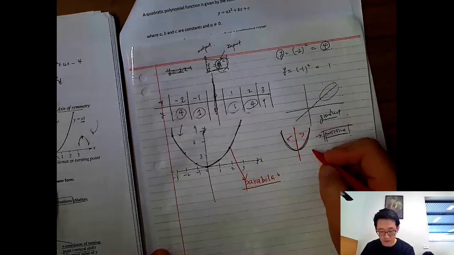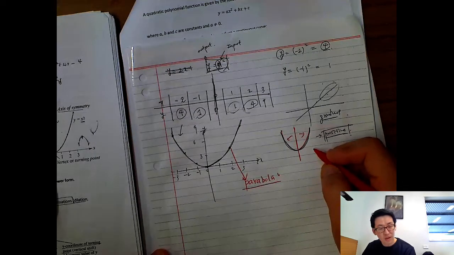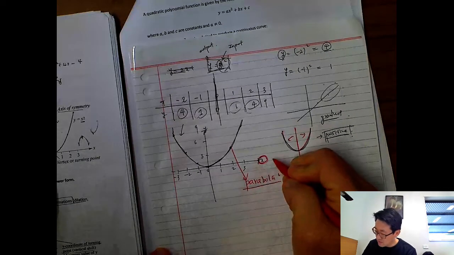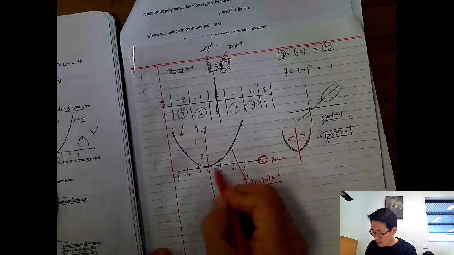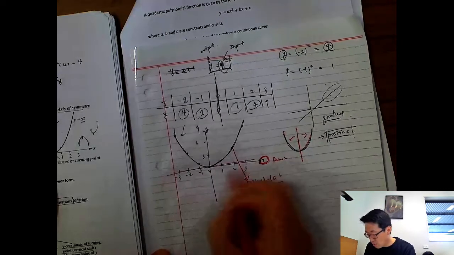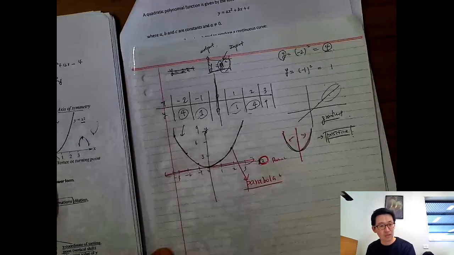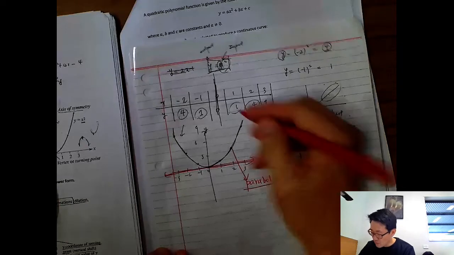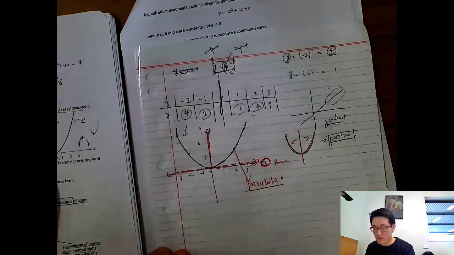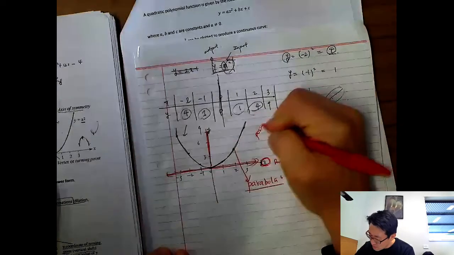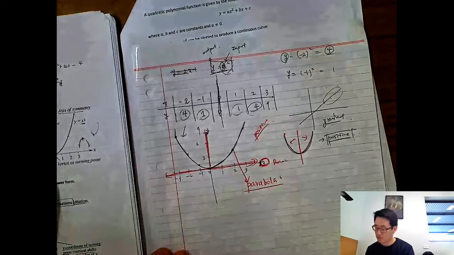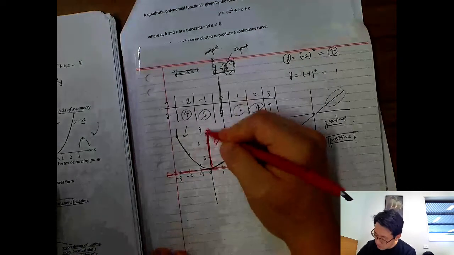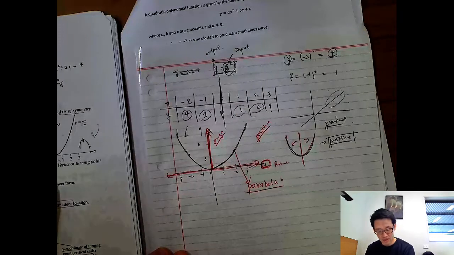Another thing we can see is the domain: it covers all positive and negative numbers, the whole thing. However, because this is a squared number, the y values are all positive. The range is only positive numbers.